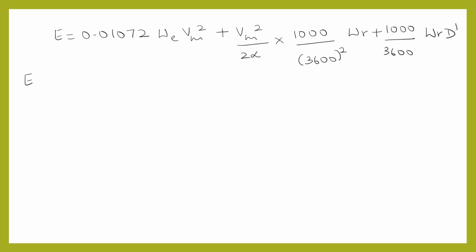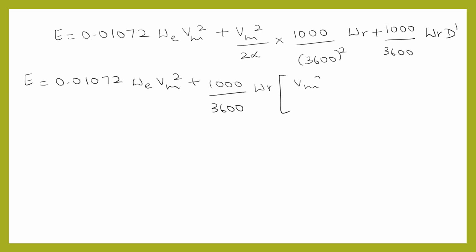So we have E is equal to 0.01072 We Vm square plus 1000 by 3600 Wr into Vm square by 2 alpha into 1 by 3600 plus D dash.